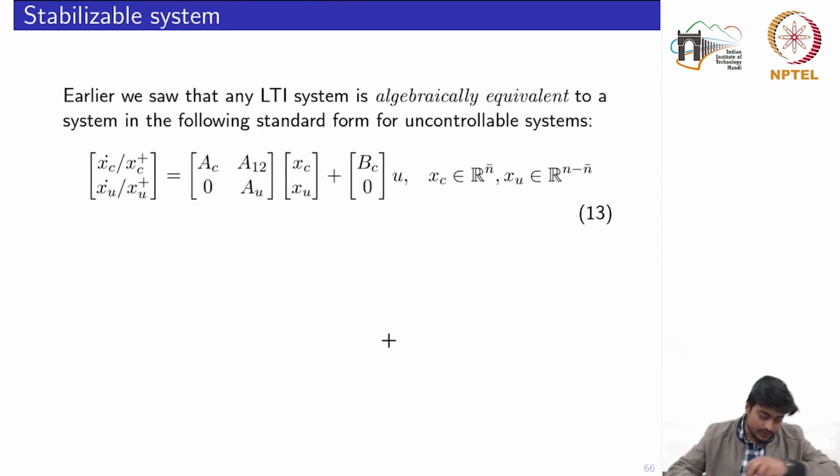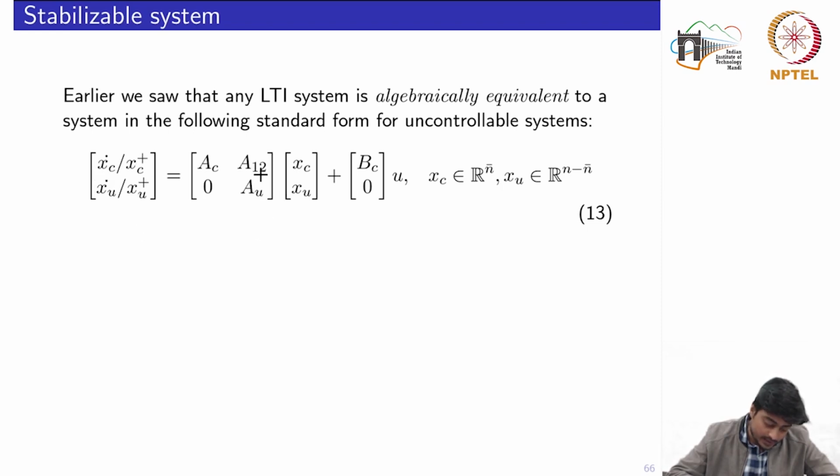Okay. So earlier we saw that any LTI system is algebraically equivalent to a system in the following standard form for uncontrollable systems. We are representing the continuous time and the discrete time by a derivative and by the advancement in time respectively.